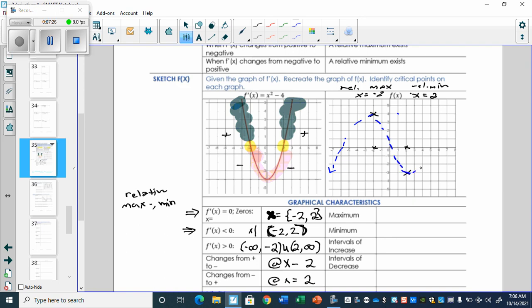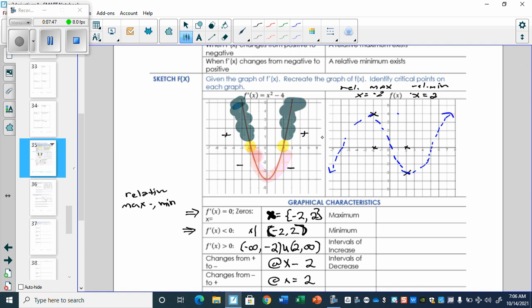Goes down, comes back up, because we have a maximum here, and we have a minimum here. Okay?